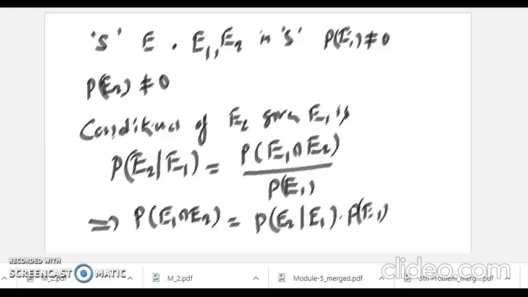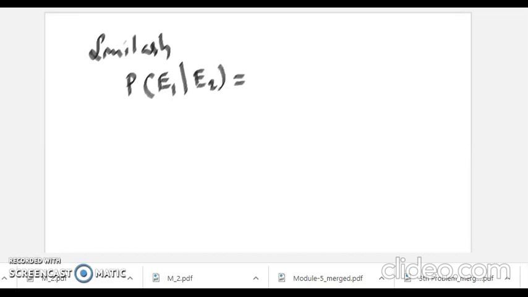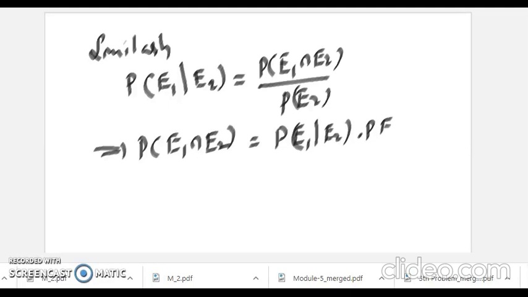And from another formula, similarly, conditional probability of E1 when E2 already occurred is equal to P of E1 intersection E2 by P of E2. From this we clearly write P of E1 intersection E2 is equal to P of E1 divides E2 into P of E2. This is the proof of multiplication theorem.